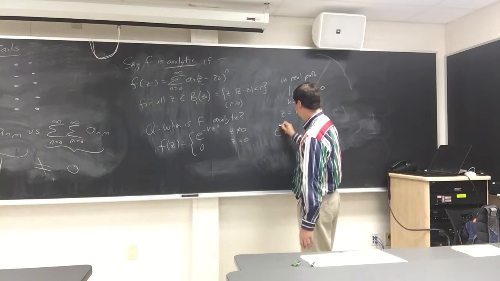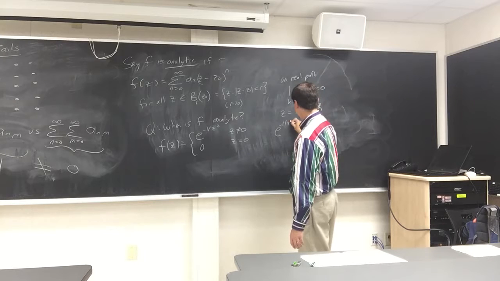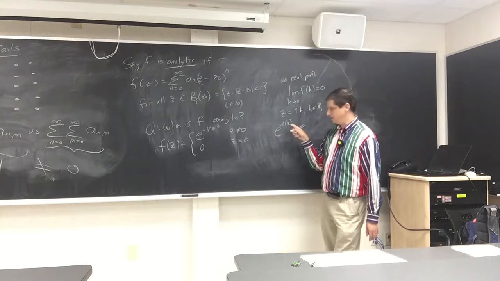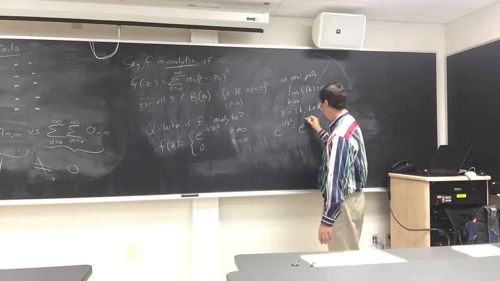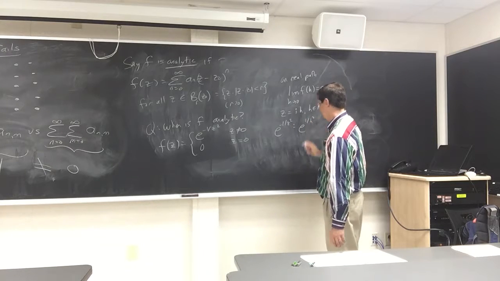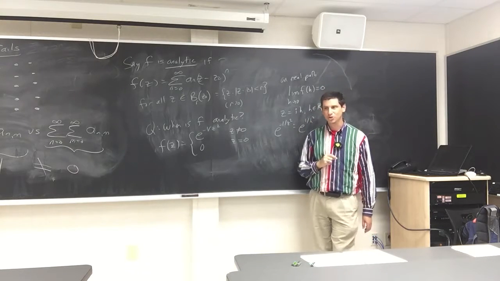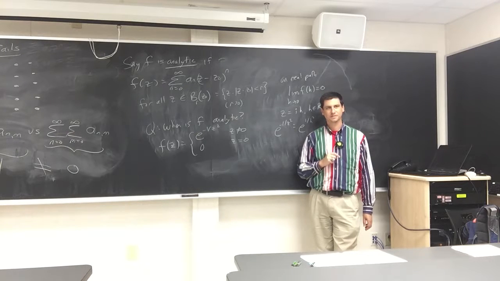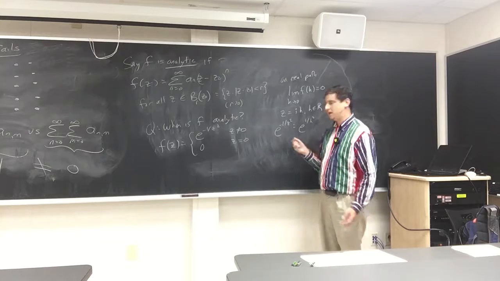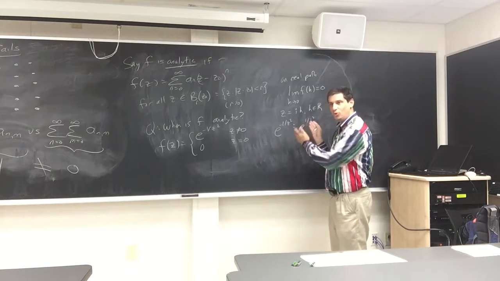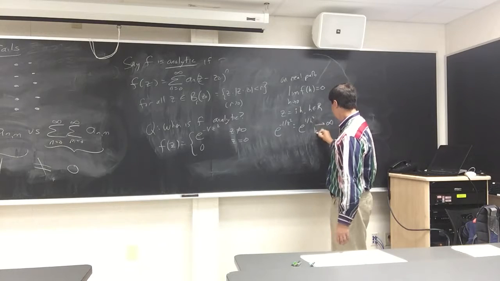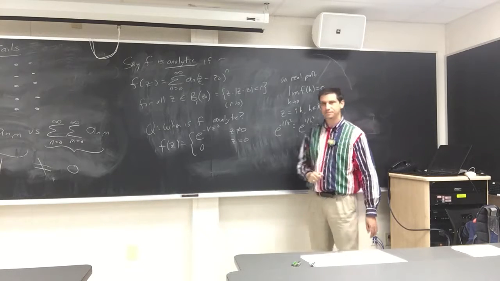Then e to the minus 1 over z squared is e to the, now i squared is minus 1, so this is 1 over h squared. What does this go to as h goes to 0? It goes to infinity. As h gets really, really small, 1 over h squared gets really, really large. This goes to infinity as h goes to 0.